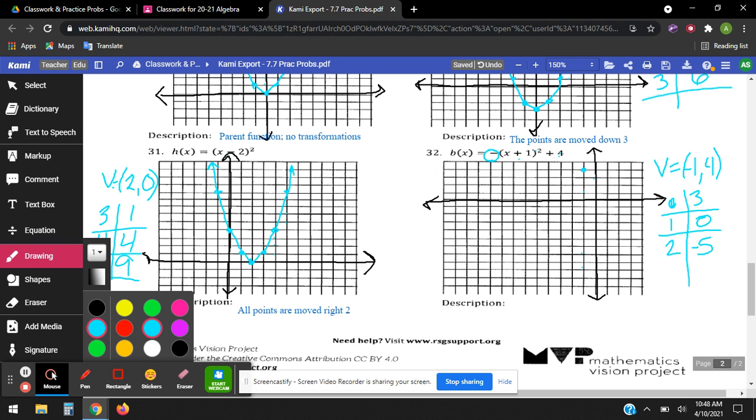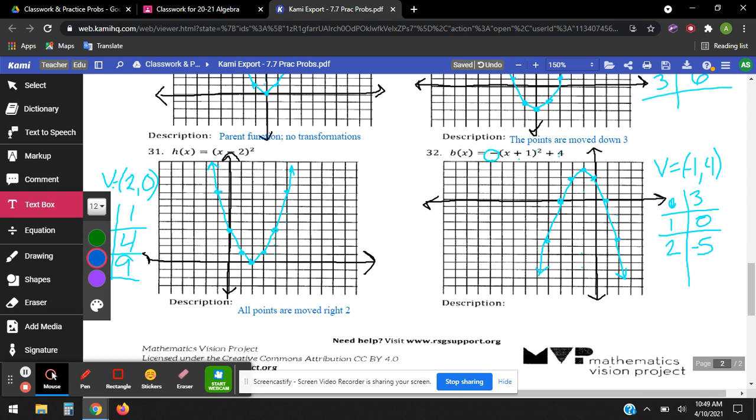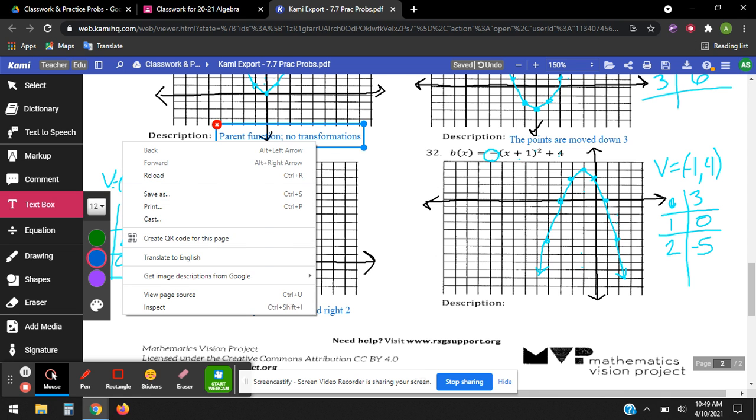Guess I didn't have to go that far to the right, but it's all right. It'll still fit on here. I don't have to redo that. 0, and then 2, 1, 2, 3, 4, 5, and -5. There we go. Could have even had room for one more.